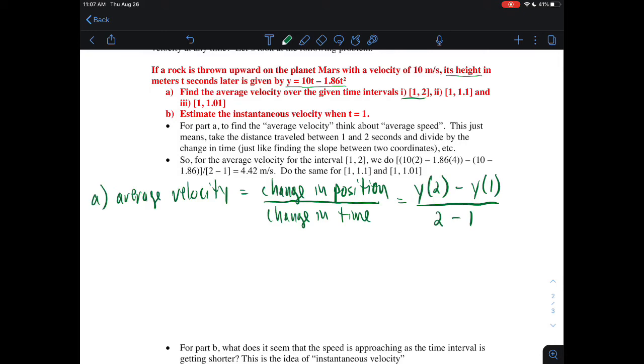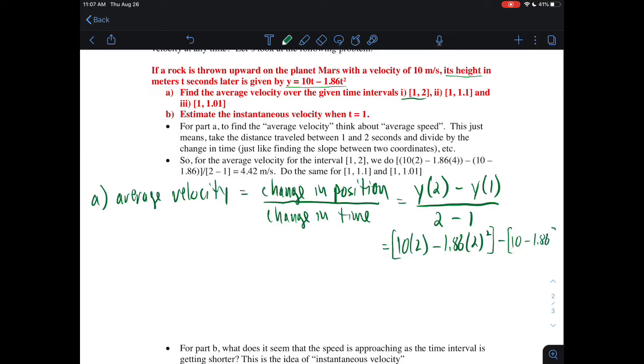So then y of 2 just means plugging in 2 to our function, which just means 10 times 2 minus 1.86 times 2 squared. And then I also have to subtract from that what is the value of y at t equal 1. This would be 10 times 1, which is 10, minus 1.86 times 1 squared, which is just 1.86. And then we're going to divide that by 2 minus 1, which is just 1.